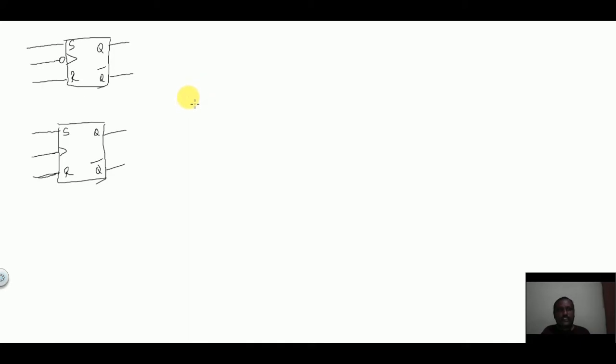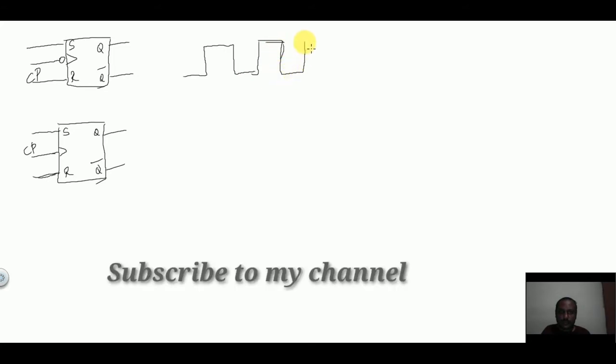So what is a clock pulse? And why are these S and R inputs called synchronous inputs, that is, synchronous with respect to the clock? A clock pulse is a rectangular pulse like this.